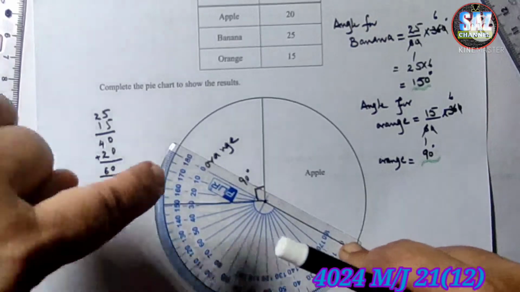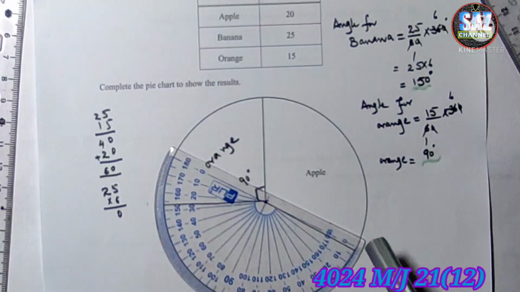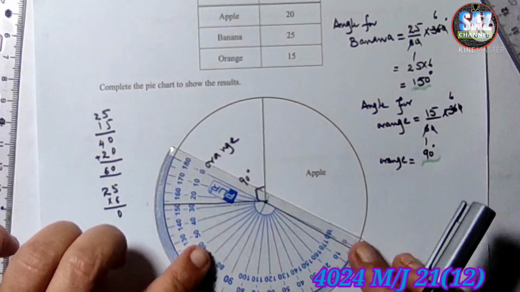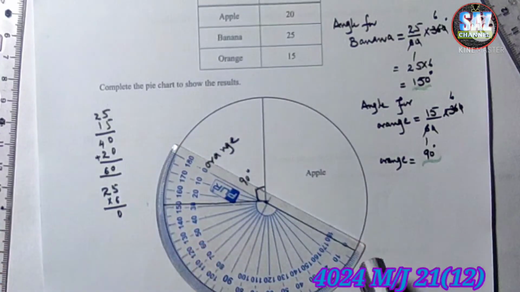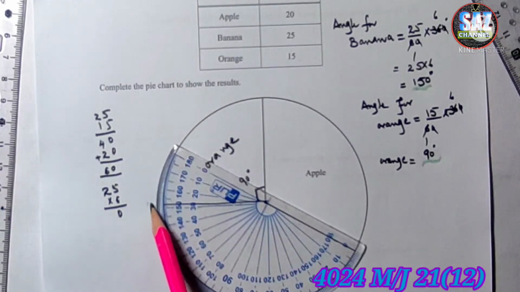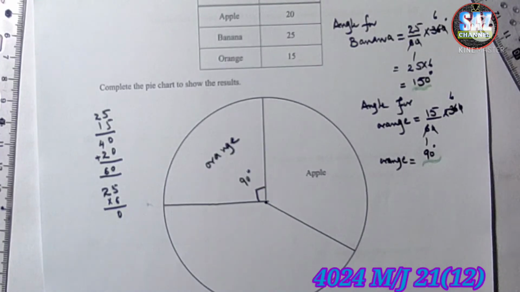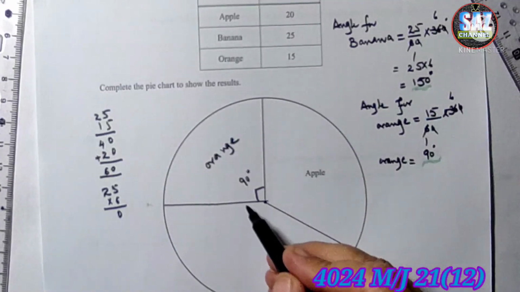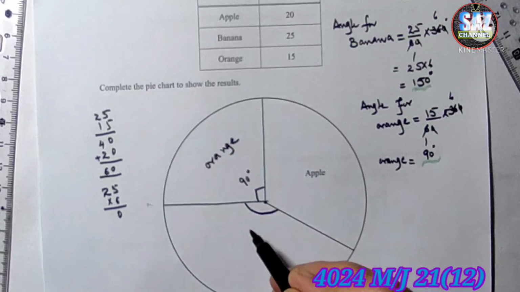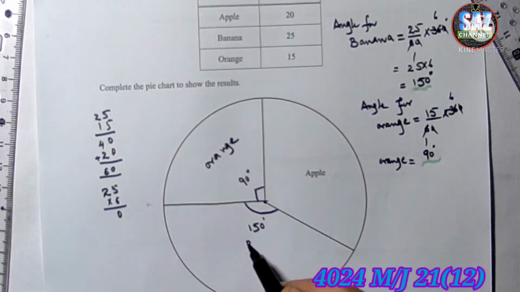And now children, you can see that the turn from this point to this point is 150 degrees. So this angle is automatically drawn, that is for banana, and this is 150 degrees. Really easy questions.